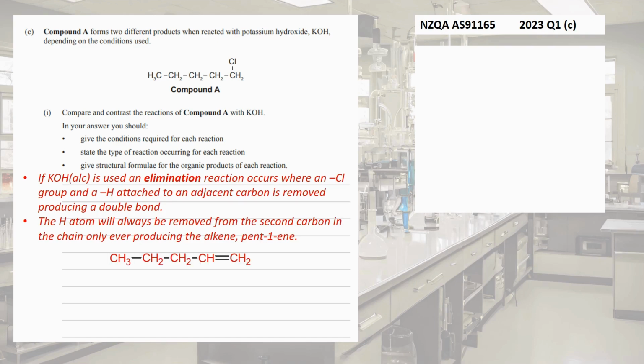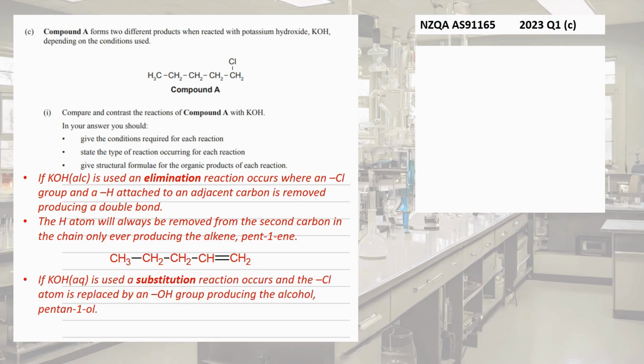Here it is, the structure. Remember, I could have drawn that out as fully expanded, or I can draw it condensed in this form. The KOH aqueous, okay, if I add that reagent to this, it's going to substitute the chlorine here with a hydroxy group or an OH group, producing the alcohol pent-1-ol, and then I'm going to draw the alcohol that it would produce. And this here is our full answer.